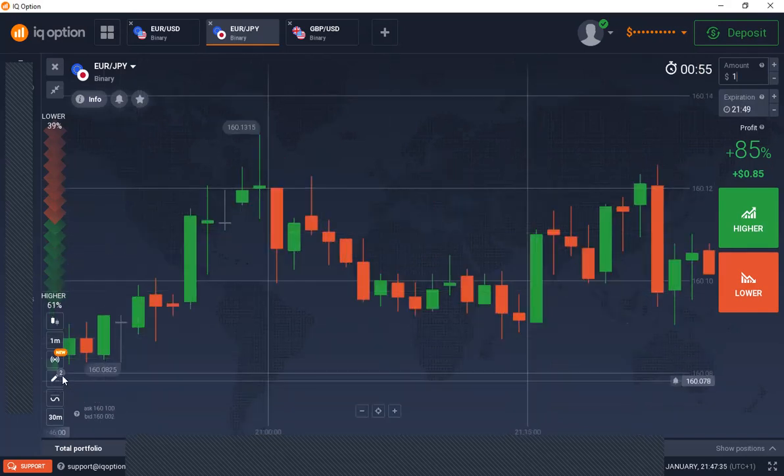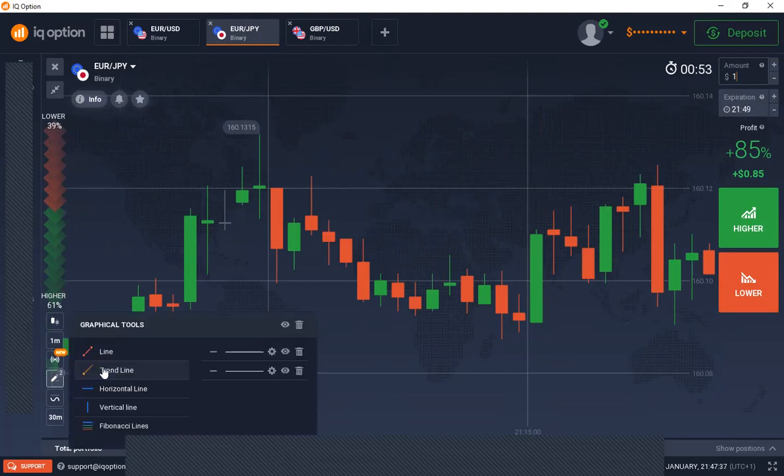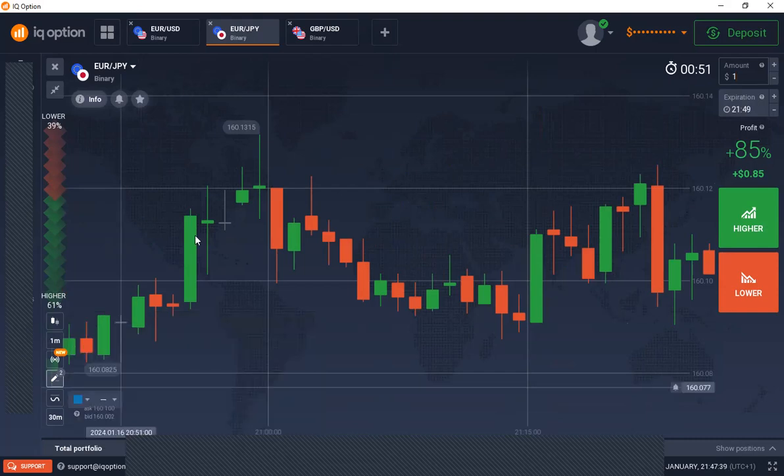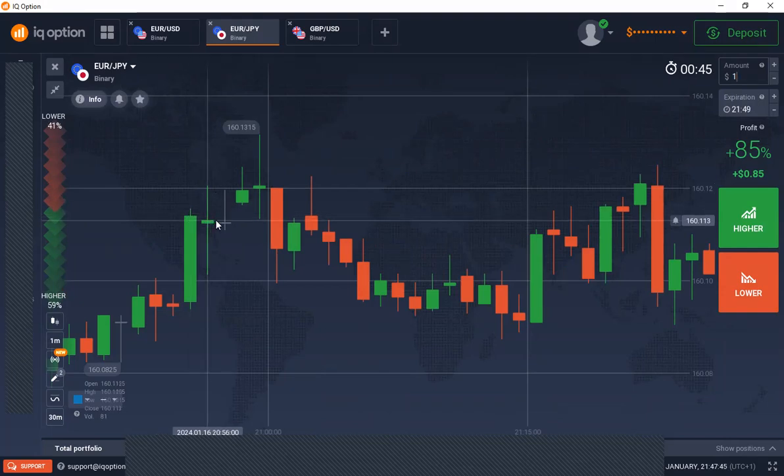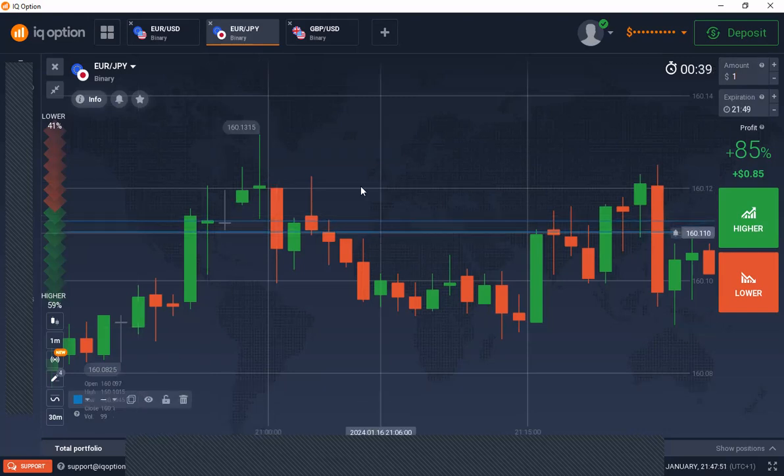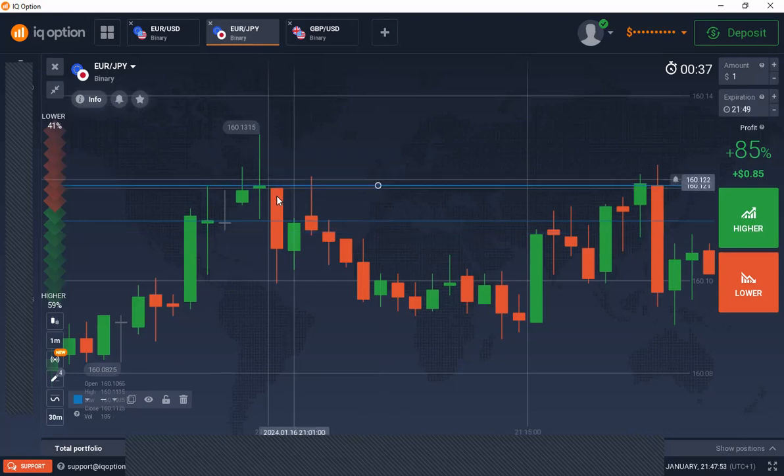So I'm going to draw a line, because here we have rejection from sellers. It's a weak candle and the sellers' candle here. Then also the sellers entered strongly here. So that is sellers area.